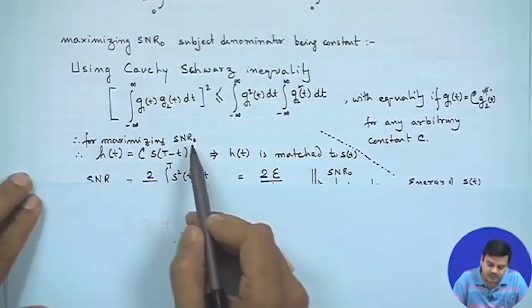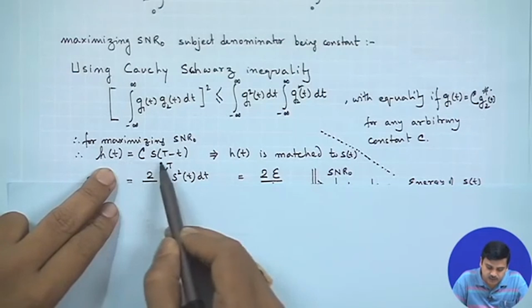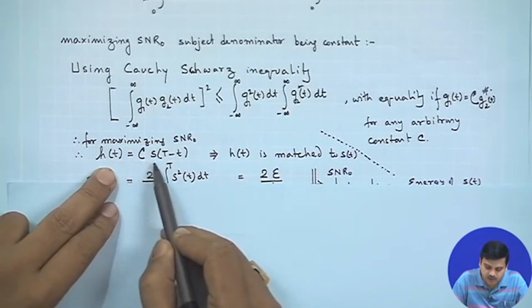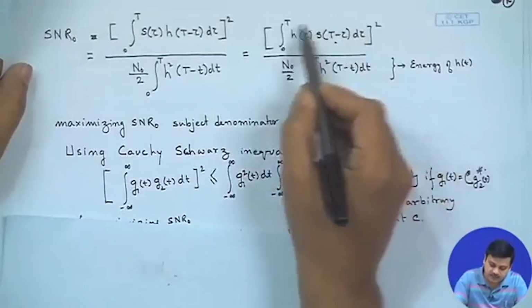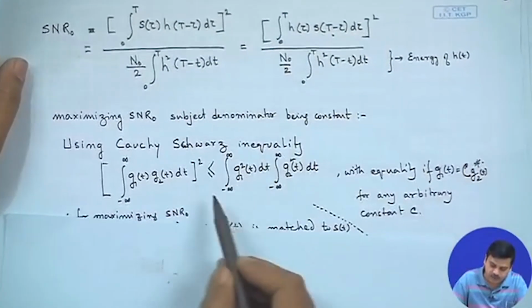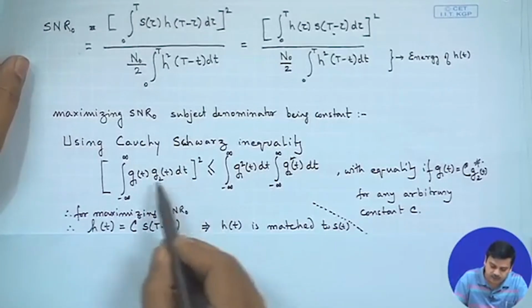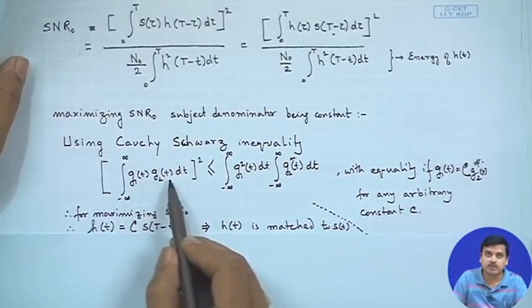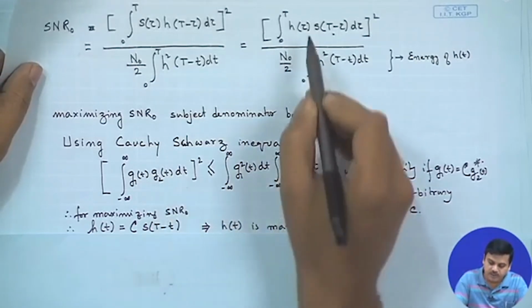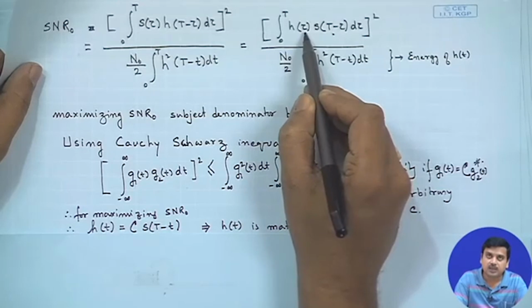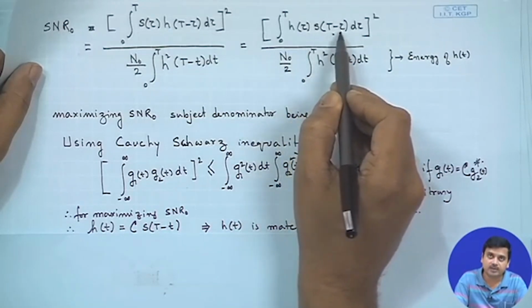So, for maximizing SNR, we have h of t equal to some constant times this thing. That means this expression will be at most equal to, the maximum value will be obtained when G1 is equal to some constant times G2, and that means h of t is equal to some constant times s of t minus tau.